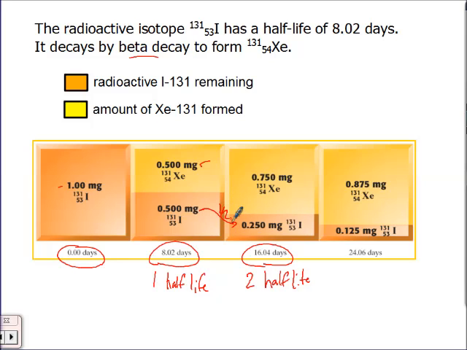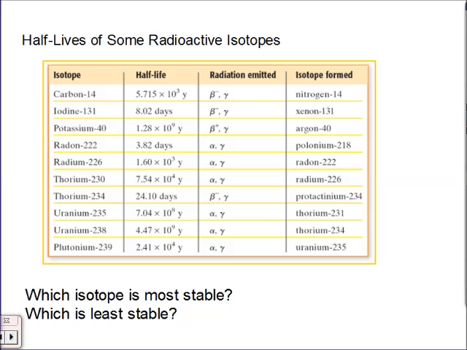Half of 0.5 goes down to 0.25 milligrams of iodine. And then after another half-life has passed, the 0.25 divided by 2 is 0.125. This is 24 days, 3 half-lives have passed. In 24 days, I go from 1 milligram to 0.125 milligrams after 3 half-lives.